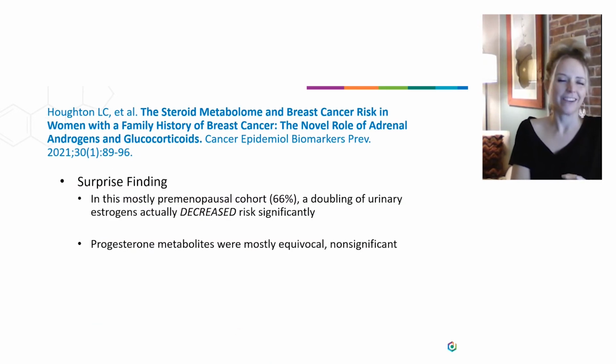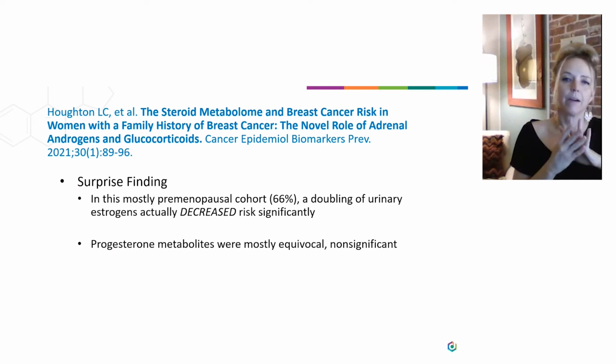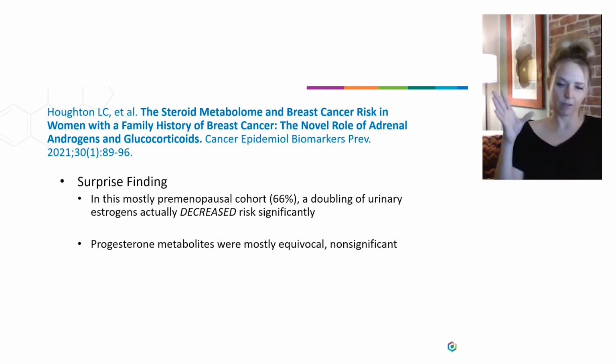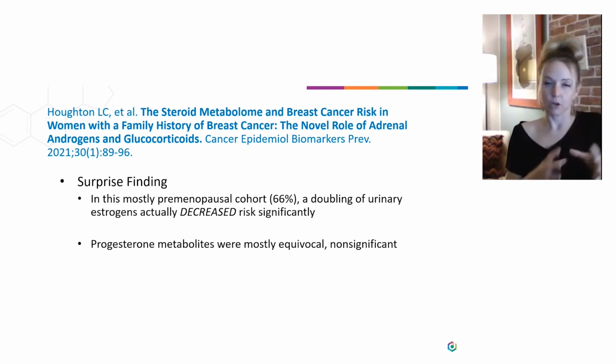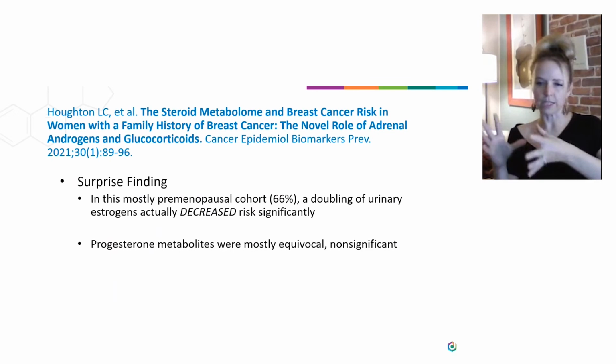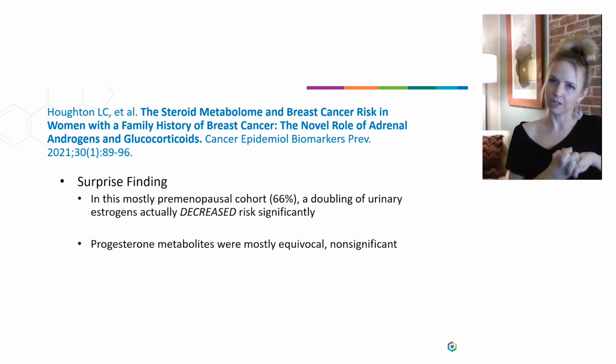Surprise finding. Okay. So in this mostly premenopausal cohort, remember, a doubling of urinary estrogens, you would think, would increase the risk, but in fact, actually decreased the risk significantly. So the risky things on a Dutch test are increasing cortisol metabolites, increasing DHEA metabolites, not so much increasing estrogen metabolites.